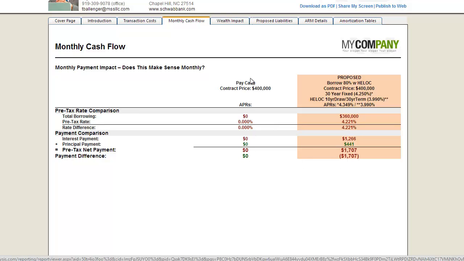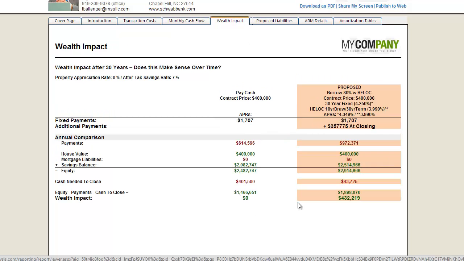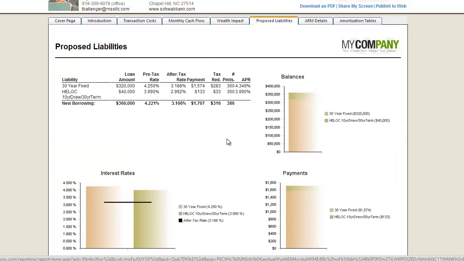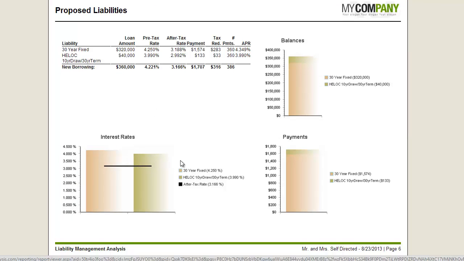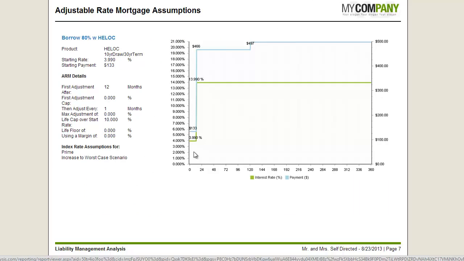I have no payment versus $1,707, the wealth impact, the $432,000 based on these variables. I can see the proposed liabilities here, the 30-year fixed and the HELOC. I can even see the ARM assumptions because, again, what we're assuming here is a worst case based on this thing jumping up here to the worst possible payment that could happen over the term.